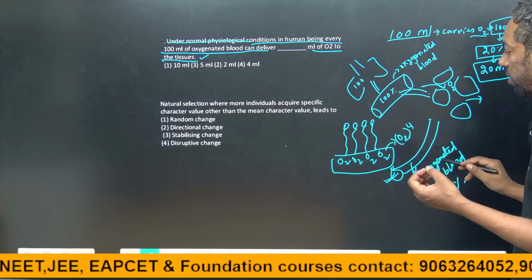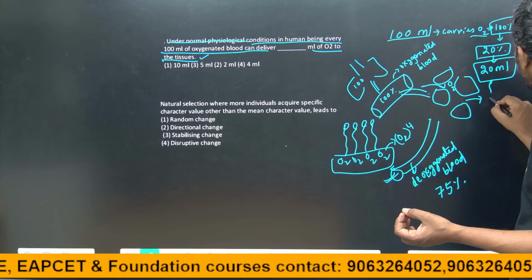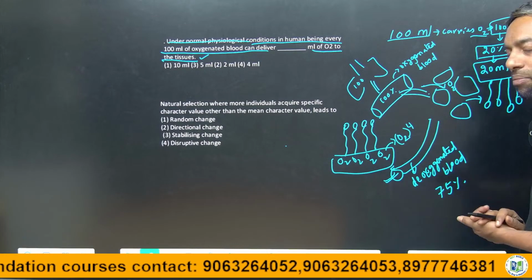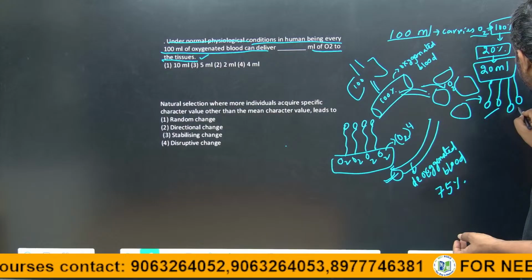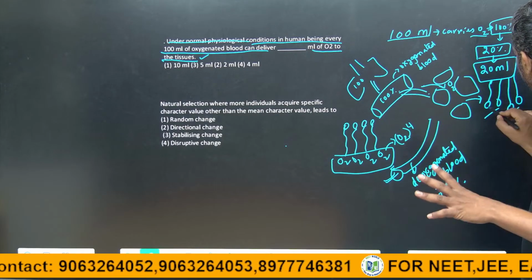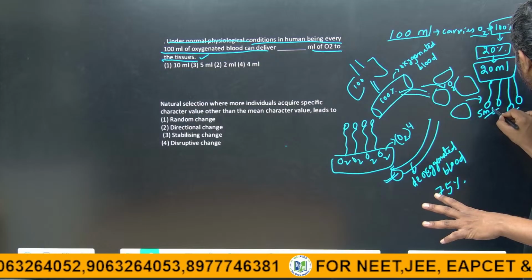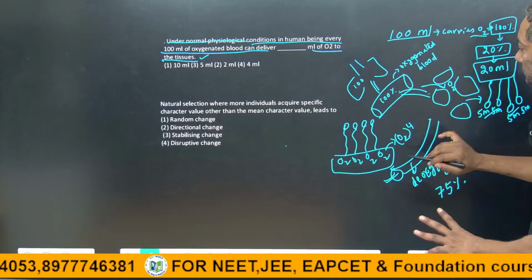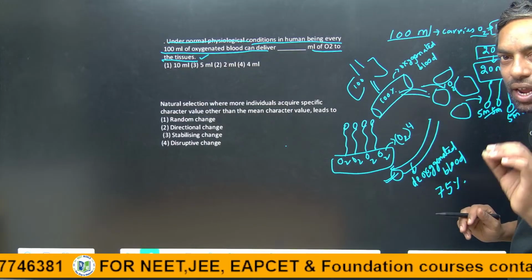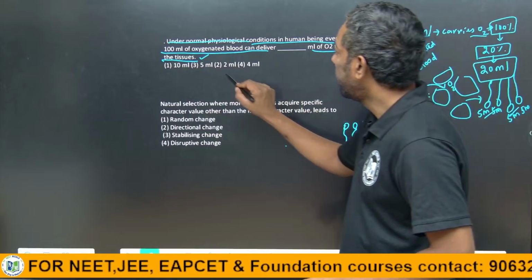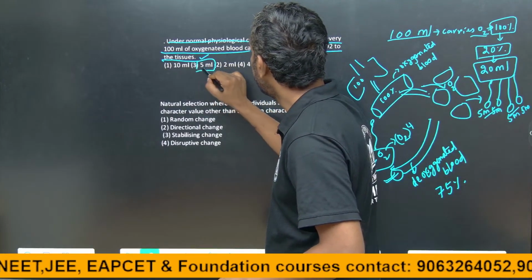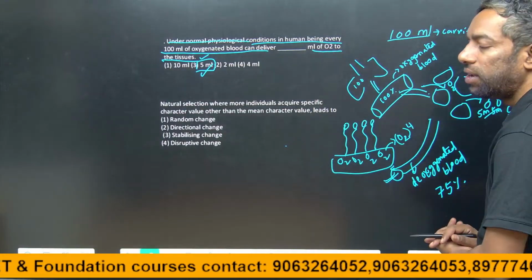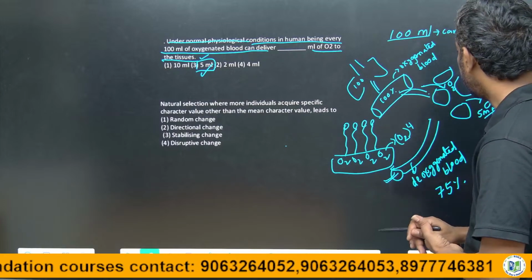In the 20 ml of oxygen, each chain carries 5 ml, right? 4 chains, two alpha chains and two beta chains, each carry 5 ml. So one chain can deliver 5 ml. So here the answer is option 2, guys, 5 ml of oxygen delivered at the end to the tissue.